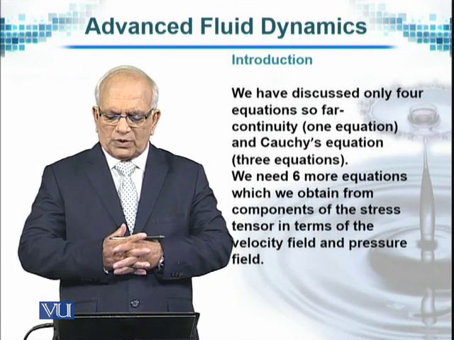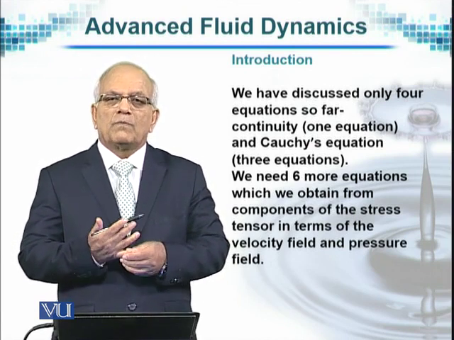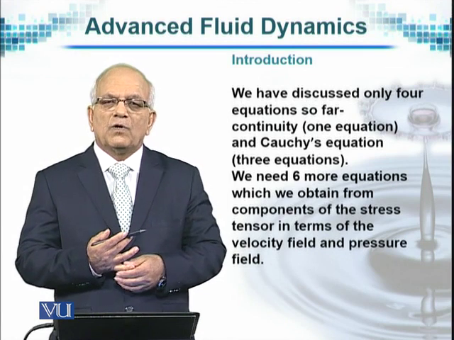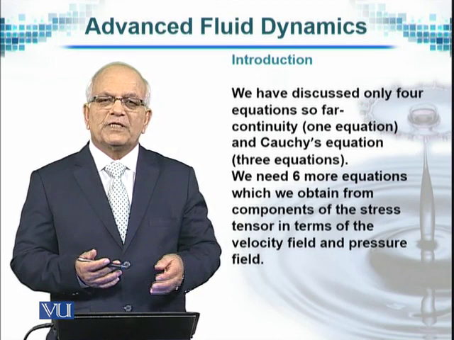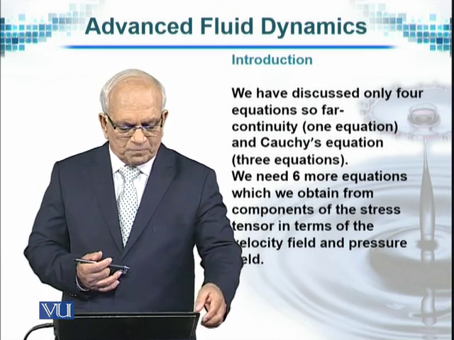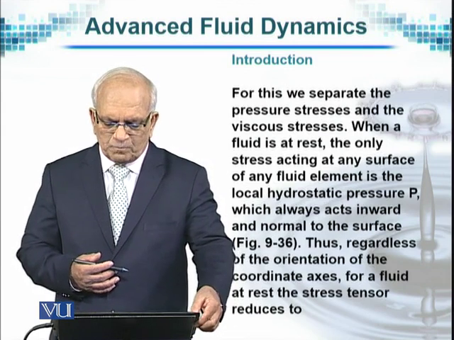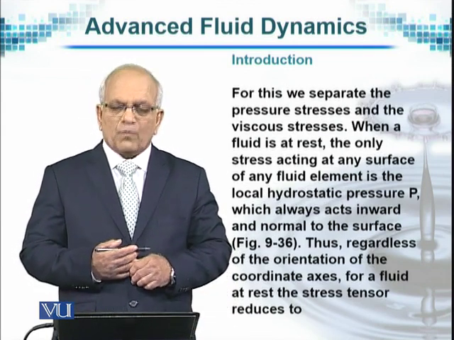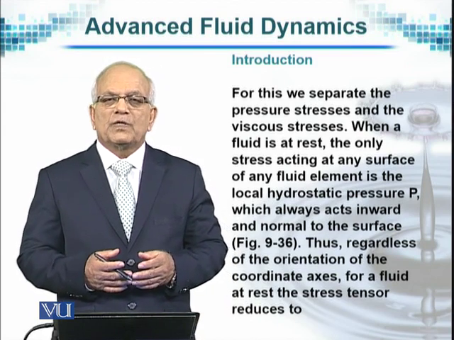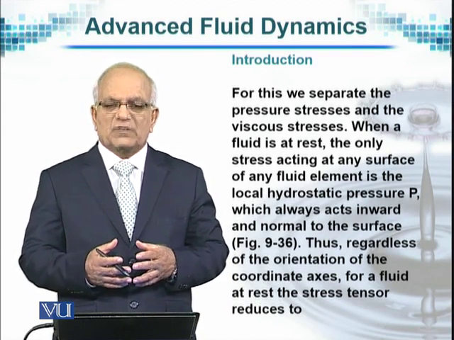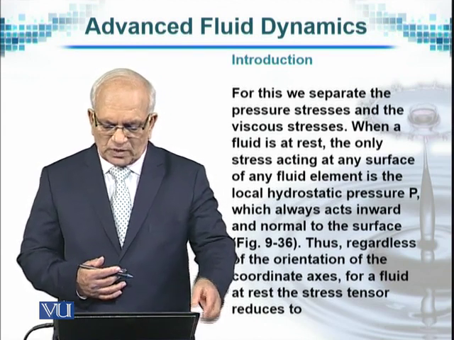Since there are 4 equations to solve, that gives us velocity, pressure, and rho. So how do we come around this? That is why we need to derive these Navier-Stokes equations so that we can somehow try to solve them.